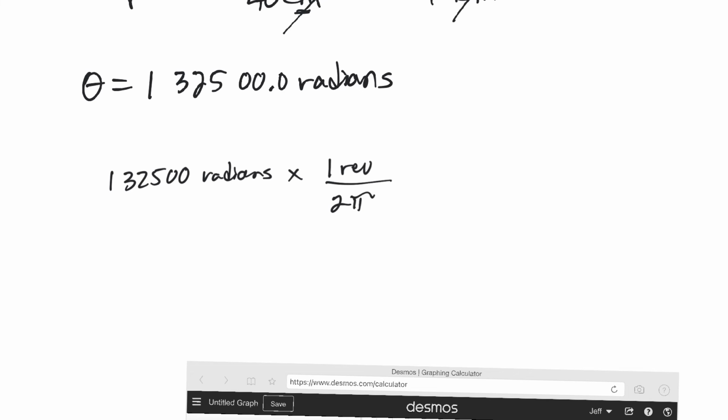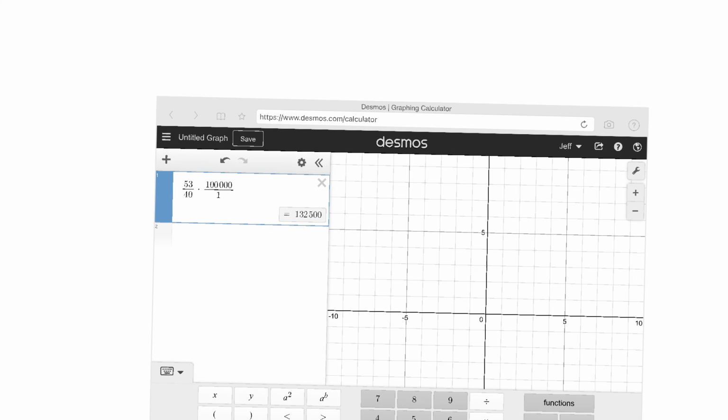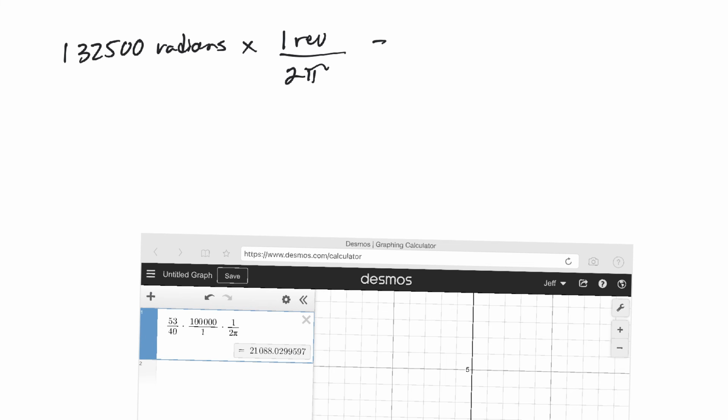So take my answer and multiply it by 1 over 2 pi. So take this answer and times by 1 divided by 2 pi. There we go.